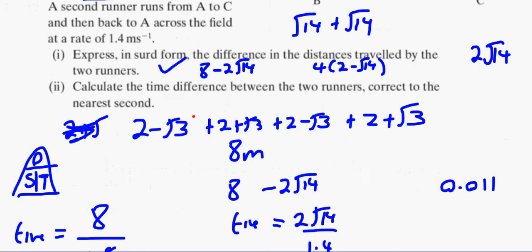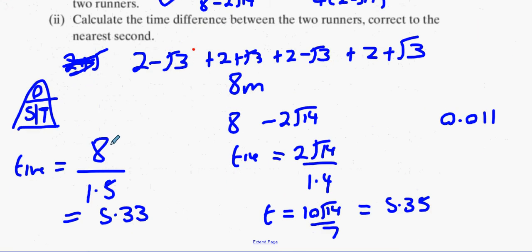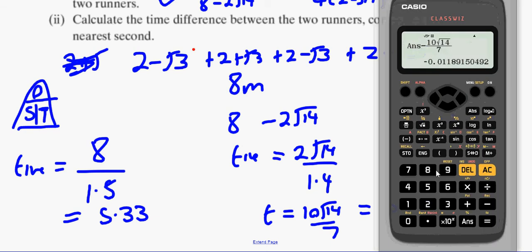Let's find out why. 8 meters divided by 1.5 is still 5.333 all day long. No worries there.